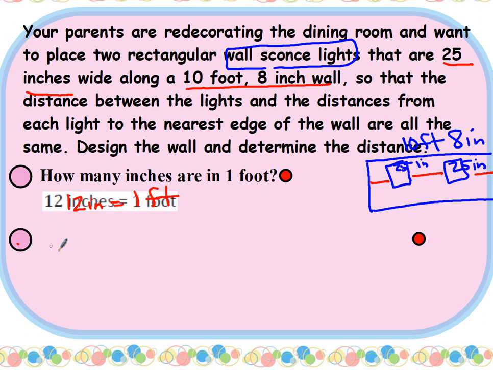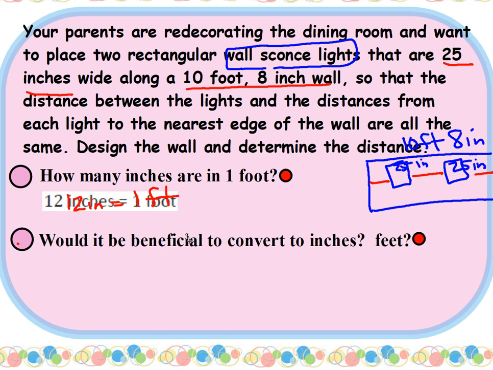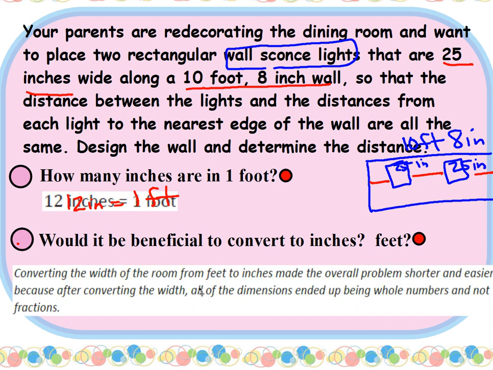And our second thing that we know, would it be beneficial to convert to inches or to feet? Well, it's going to be better for us to go to inches, because if we go to feet, we're going to end up having fractions to work with. If we go to inches, we won't. Okay, so inches is going to be the better deal.